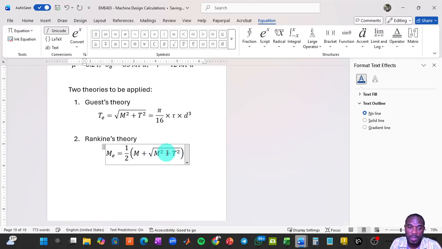All of that will equal pi divided by 32 times sigma_B times d cubed.